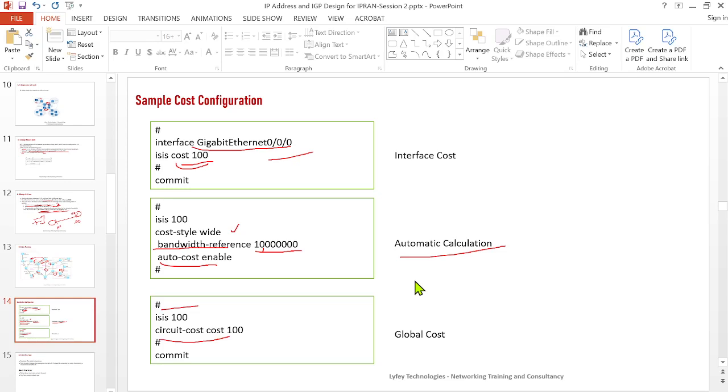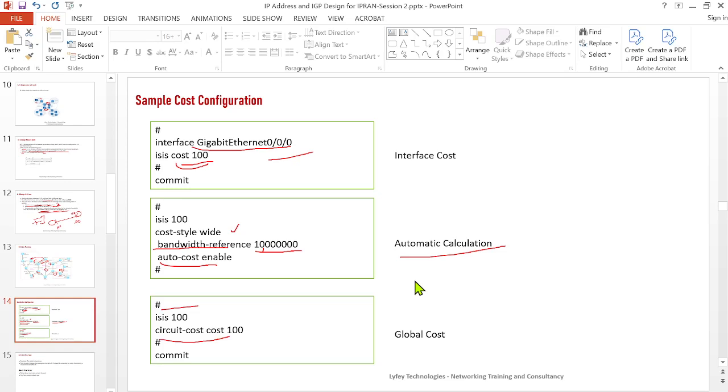Another thing is if you are to use a bandwidth reference, I don't think this could be a best practice, because we don't really play on cost only depending on the capacity, but also we may need to play on cost whenever we are considering links that are much more stable. They could have less capacity, but they're much more stable than the other ones that have high capacity. So I'd prefer you do the cost manually other than using the bandwidth reference.